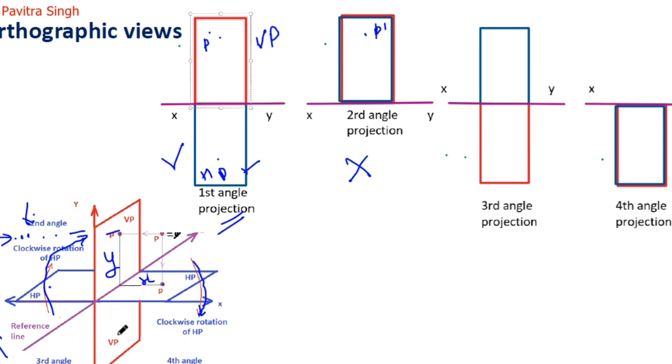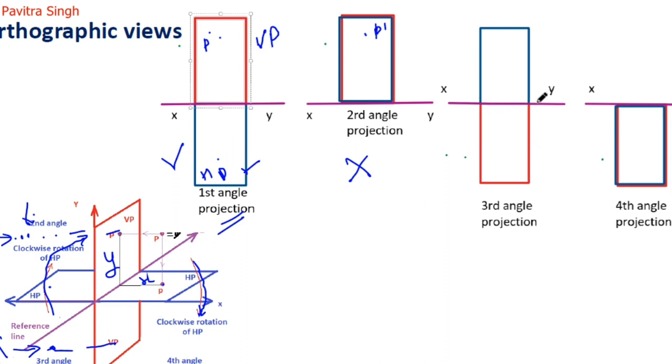So this horizontal plane will overlay this vertical plane. So this vertical plane is above the XY line. Here you can see in the red color, and this horizontal plane is rotating in clockwise direction, and it is going above this XY line.